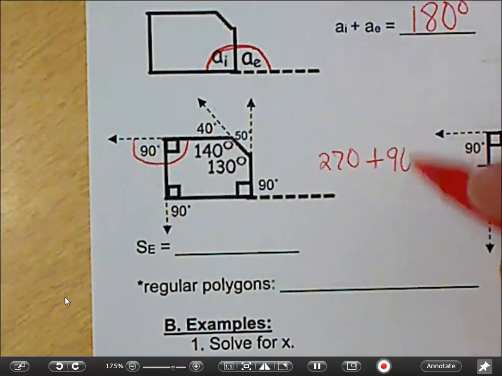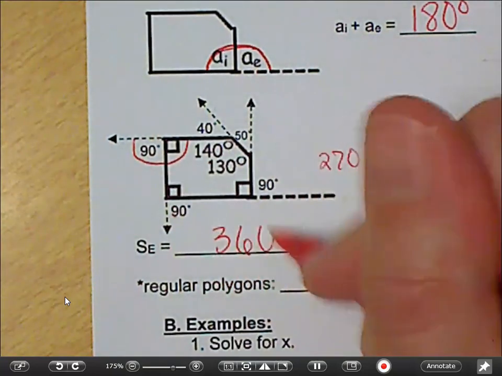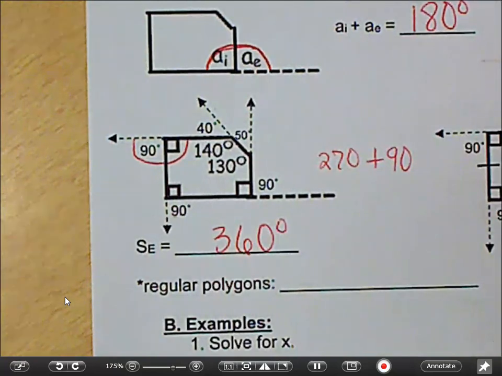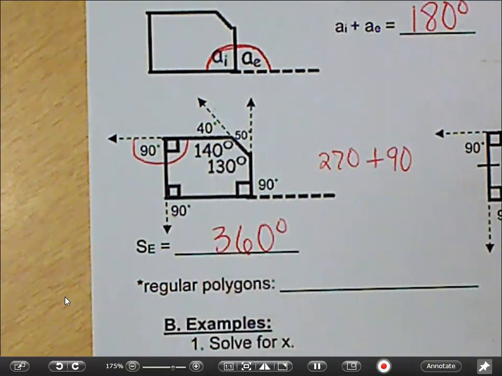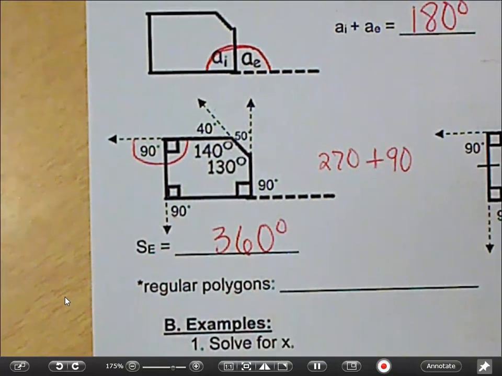So together, those exterior angles add up to a total of 360 degrees. I might have jumped the gun a little bit on filling that in, but oh well. What you're going to see is no matter how many sides a polygon has, the sum of its exterior angles always add up to 360 degrees.